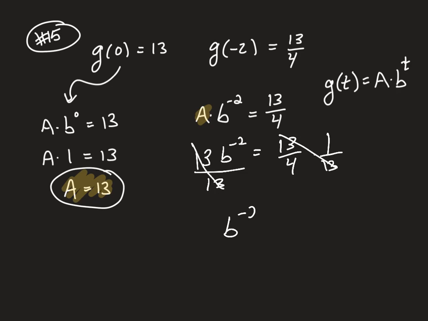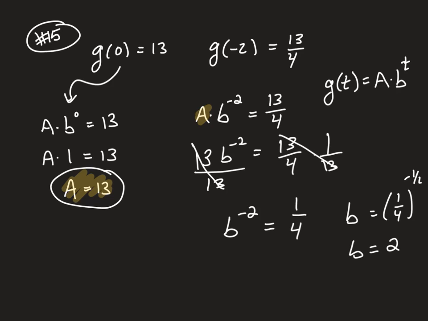We're left with b to the negative 2 is equal to 1 over 4. There are multiple ways to approach this, but we could raise both sides to the negative 1/2 power, and that would be b is equal to 1/4 to the negative 1/2. When you simplify this, you should get that b is equal to 2.